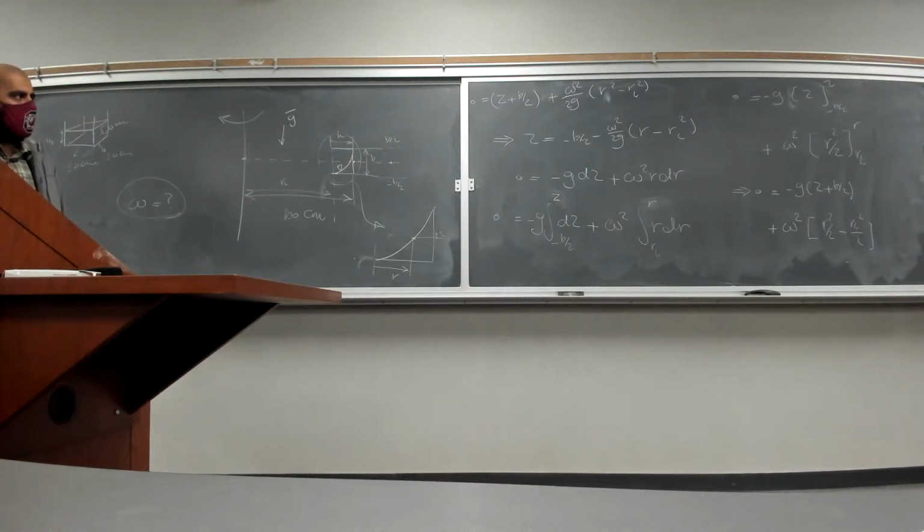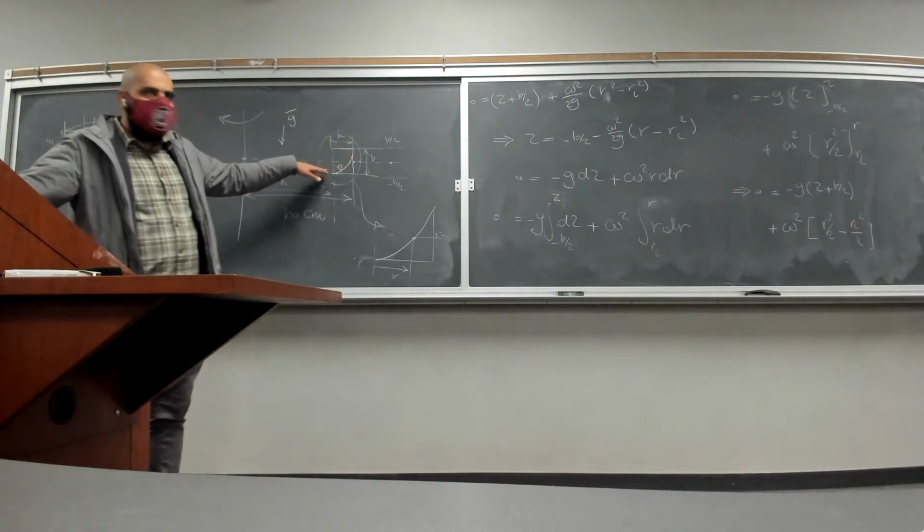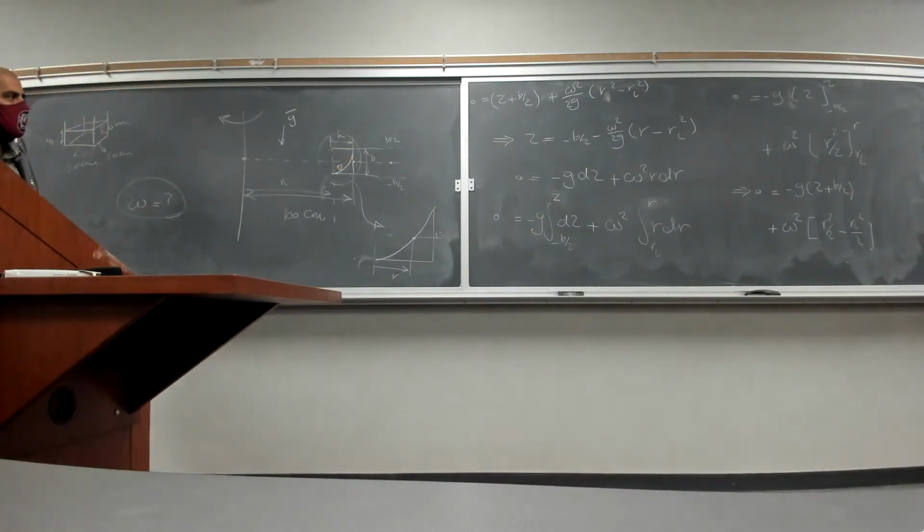Or how can we find that specific angular velocity needed to prevent any water spillage? We have the equation of this line, right? The free surface line.